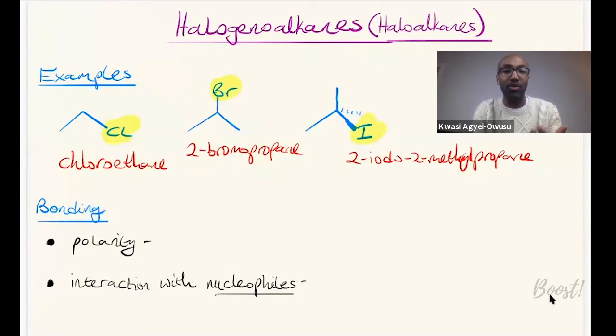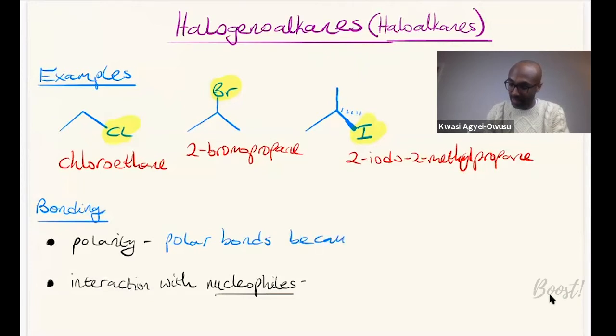Before we can look at the reactions of the halogenoalkanes, it's important to consider polarity in these molecules. Now, because you've got a difference in electronegativity between the carbon and the halogen atom, these bonds are polar. So worth making a note of that. You've got polar bonds because of the difference in electronegativity.